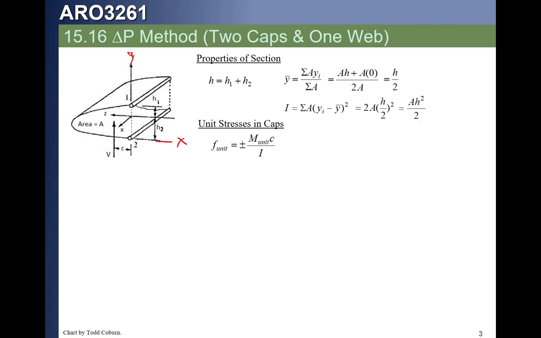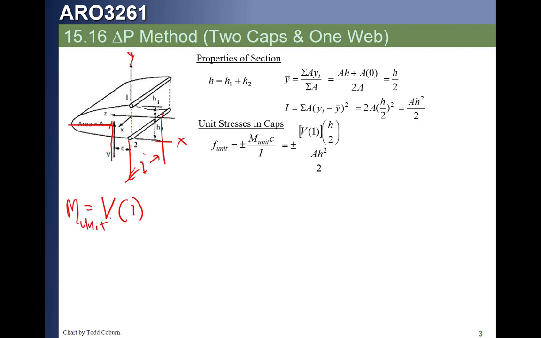For example, the shear located here, if we multiply it by 1 inch moving this way, that will be the unit moment, the amount of moment that develops per inch due to that shear force. So V times 1 inch is the unit moment.